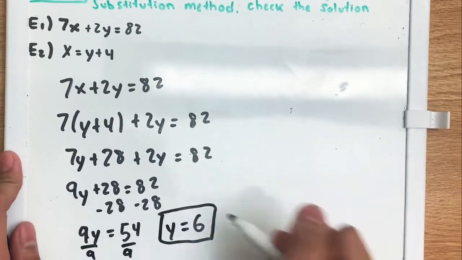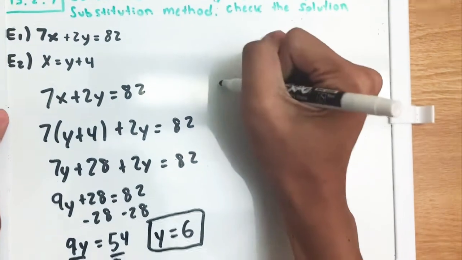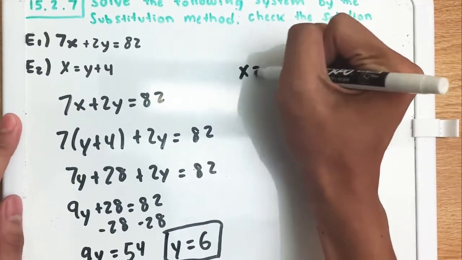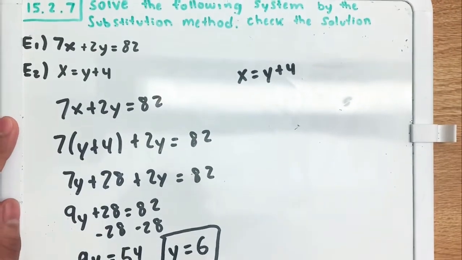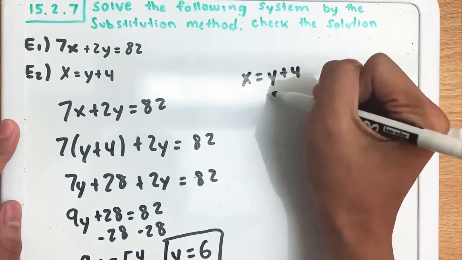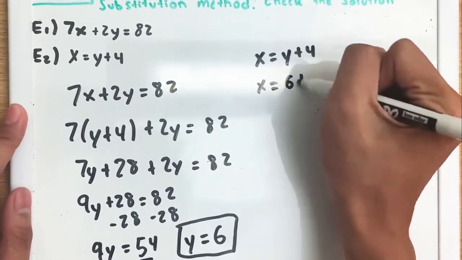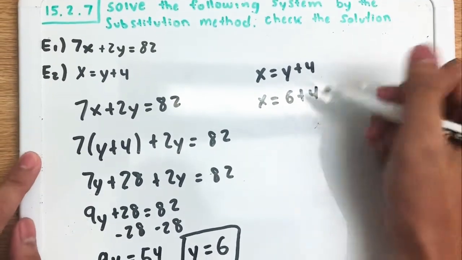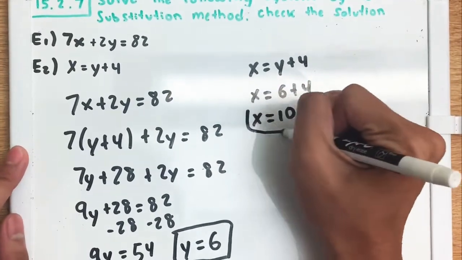That is our y, and now we're going to solve for x. We're going to use our second equation, x equals y plus 4, and our y is 6. So x equals 6 plus 4, and 6 plus 4 equals 10, so x is 10.